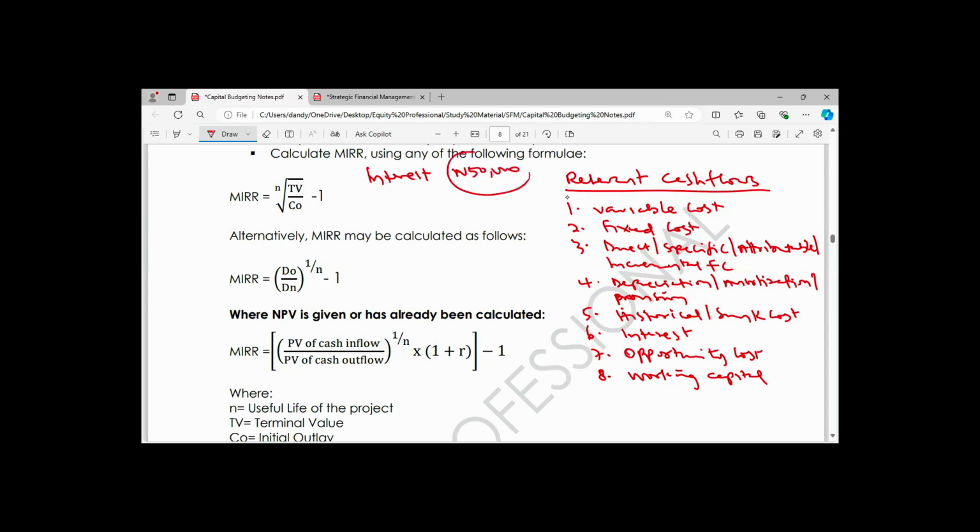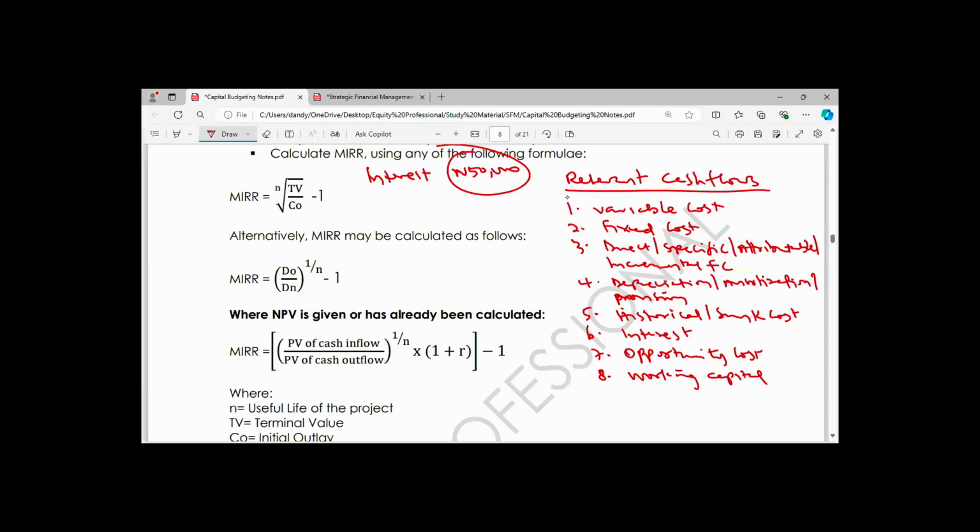So this 50,000 is the absolute amount of interest. That's the naira amount of interest. So when you are given interest amounts, please ignore. It is not relevant because the cost of capital to be used to appraise the project already included interest. So when you are now considering the absolute amount of interest, it means that you are treating interest twice.